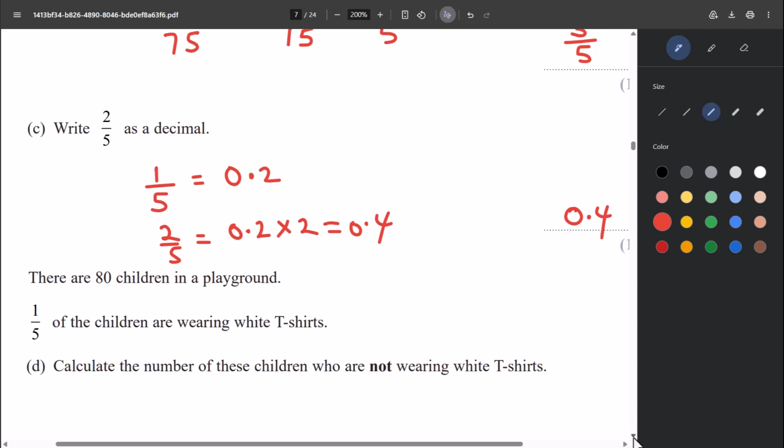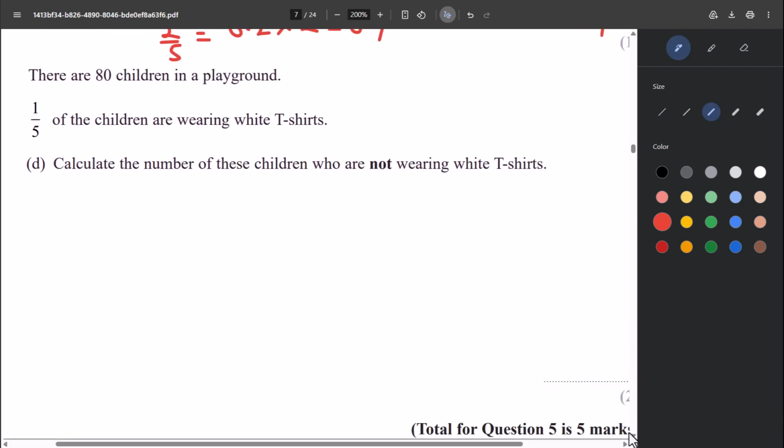Okay, and now we come to the next question here. There are 80 children in the playground, and we know that 1/5 of the kids are wearing white t-shirts, and we calculate the number of these children not wearing. Now, there are a number of ways you may want to do this, but one way you can do it is, because you know that 1/5 are wearing, that would suggest that 4/5 aren't wearing, right?